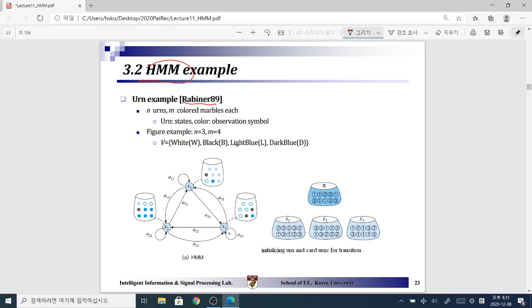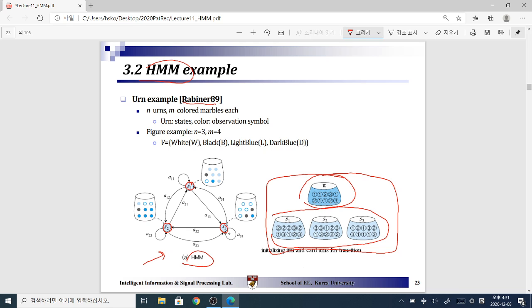So here the HMM has 3 states, meaning that it's got 3 urns: state 1, state 2, and state 3. And then there's another set of urns to represent the state transitions. Actually, these represent the state transitions, and this one represents the initial probability.